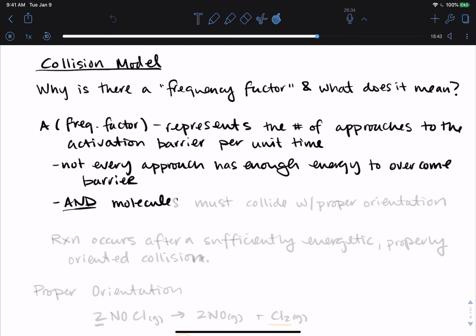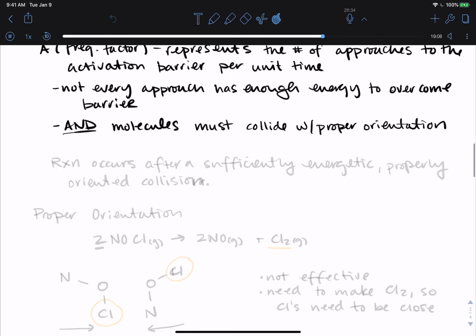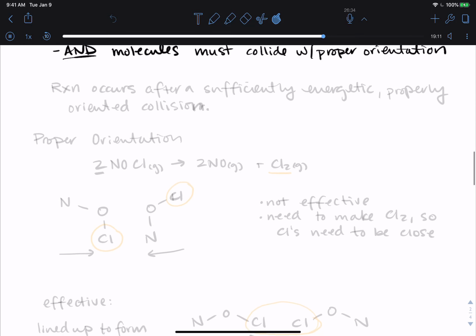So we're going to draw a couple of pictures of what we need to understand for this. In the end, a little summary sentence: the reaction occurs after a sufficiently energetic and properly oriented collision.